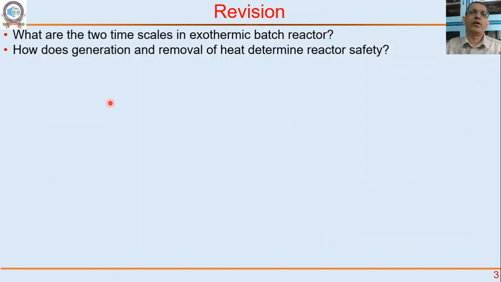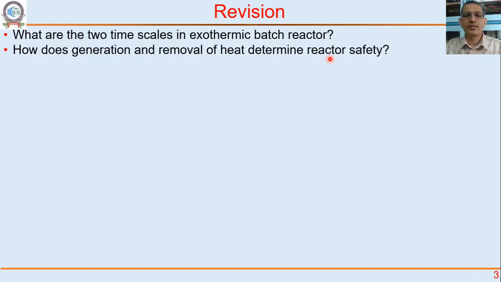Just to quickly get you to revise, what are the two time scales in exothermic batch reactor that we talked about in our previous lecture, and how does generation and removal of heat determine reactor safety, whether it is in terms of a plug flow reactor, a well mixed reactor, or a batch reactor?